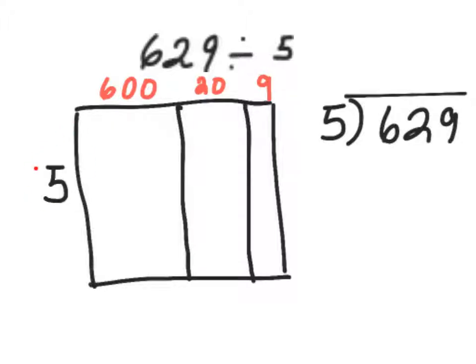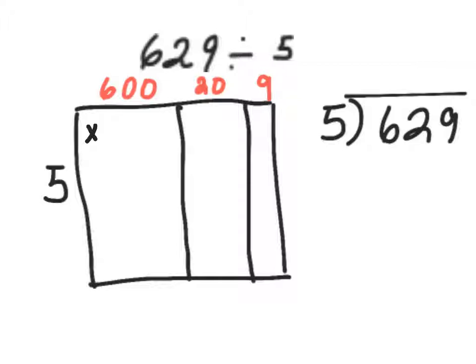So I look at 5, how many groups of 5, or how many equal shares, I should say, are in 600. Using my multiplication and values of 10, I know that 4 times 5 is 20. 40 times 5 is too much as well.